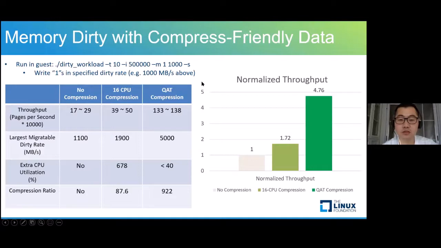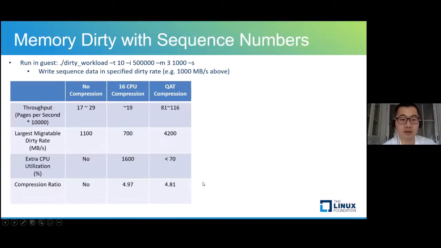So this repeated one can generate only, for example, a single one as the compression payload. In this case, multiple pages can have a higher compression ratio. If we don't have these repeated numbers, the compression ratio between the QAT and the CPU compression will be similar. We can see from the next slide.